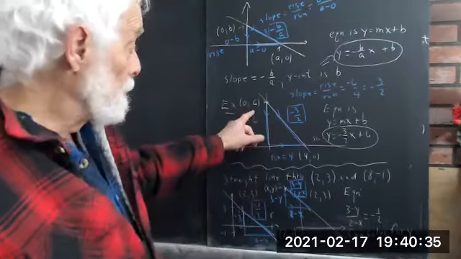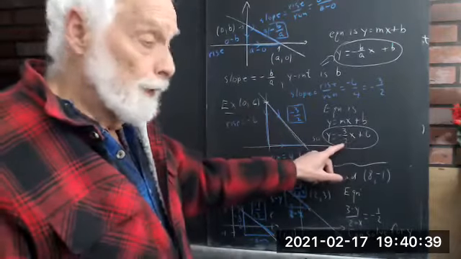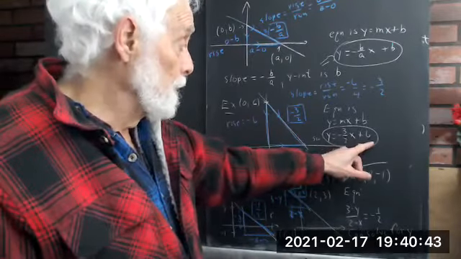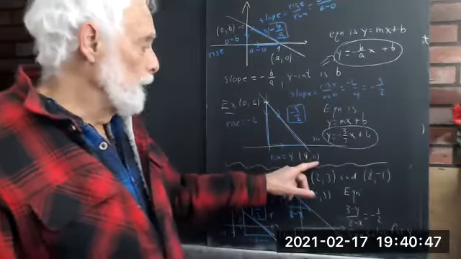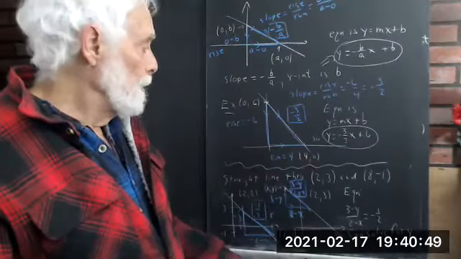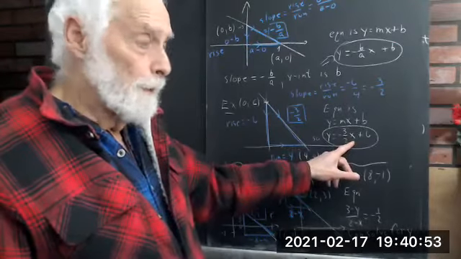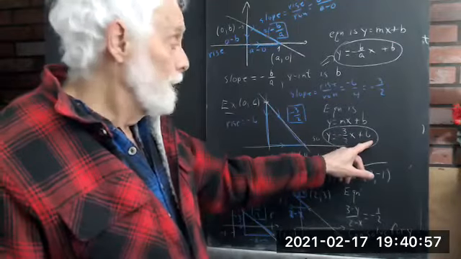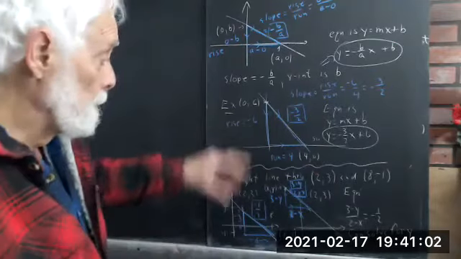Okay, for 0, 6, x would be 0 and y should be 6. Well, if x is 0, then this term is 0. You get 6 here and y is 6. Similarly, if you plug 4 in for x and 0 for y, you should get 0 here when you put in 4. Well, -3/2 of 4 is -6. Add that to 6, you get 0. So it checks out. I didn't write out the check.